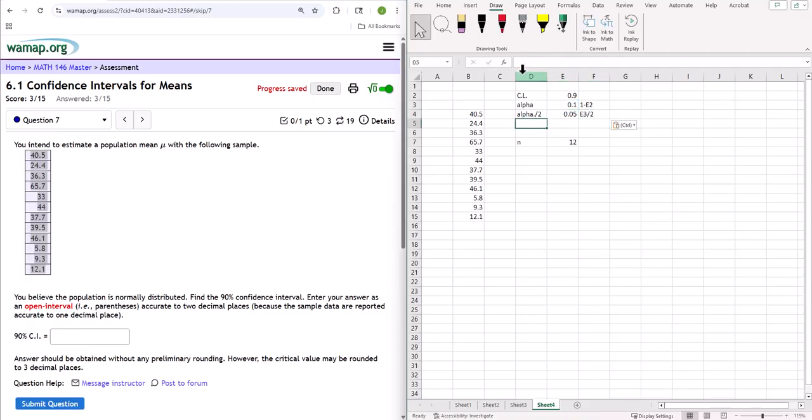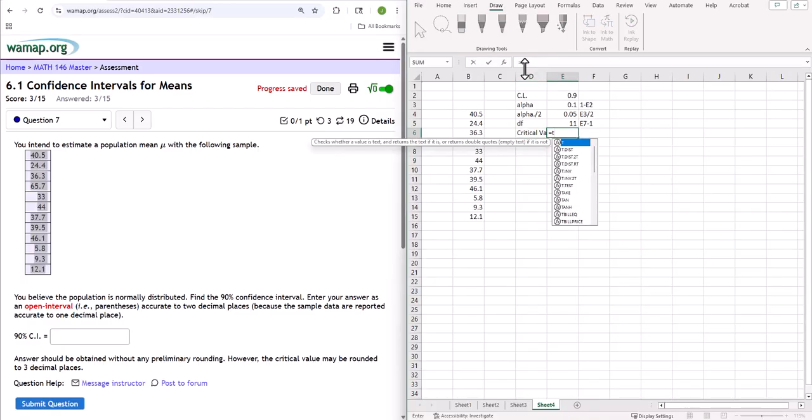And if I want my degrees of freedom, it would be n minus 1. And degrees of freedom are useful for finding our critical value. So I can do all of this work right here. And the idea, hopefully, is that we're getting pretty good at this stuff and understanding the process.